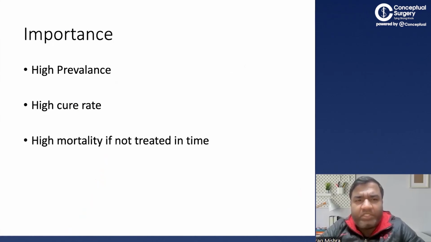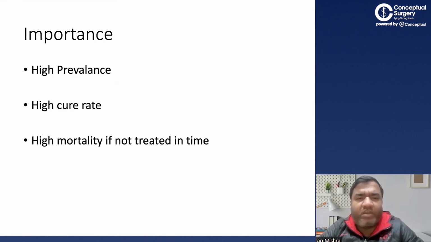Another thing about it is if you treat it in good time, it has a very good and high cure rate. But if you do not treat properly, then there can be high mortality also. So this is one of those diseases where if you treat in time, the outcomes are very good. But if you don't, then outcomes can be bad. I think we all pick surgery because we like doing those procedures or interventions which have a very high impact and high cure rate.